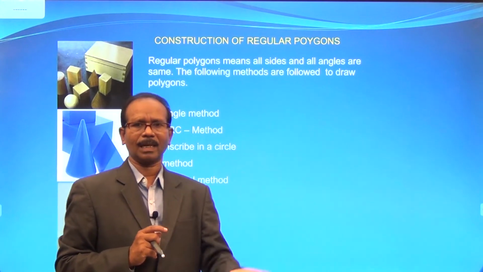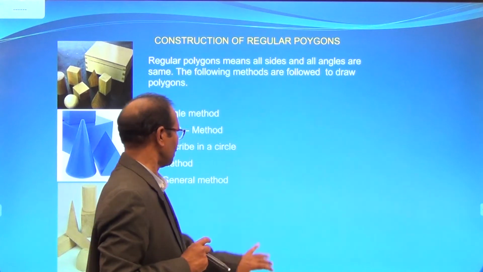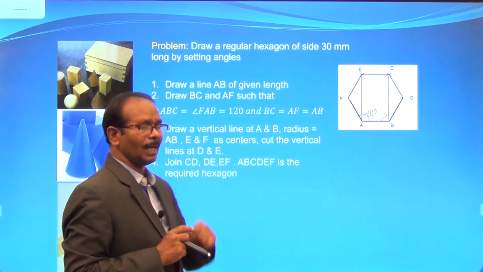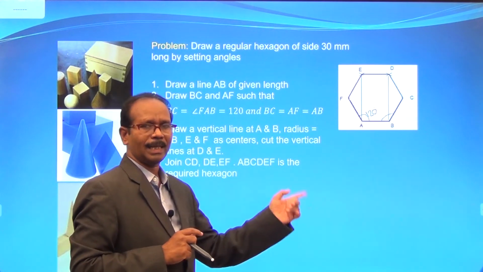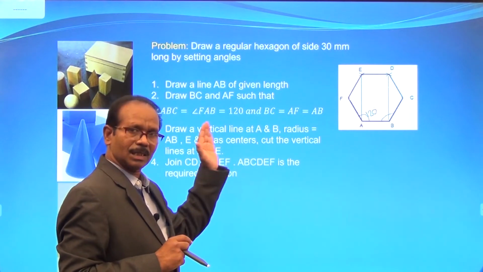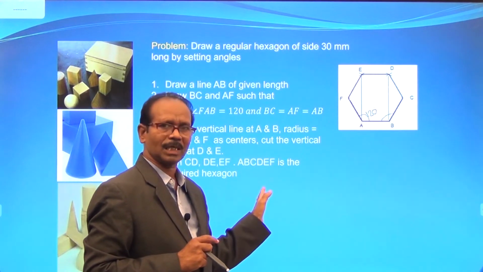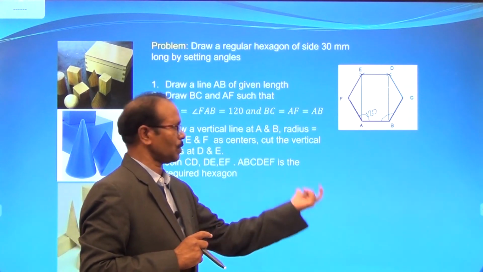Construction of a pentagon or hexagon with the angle method. Let's see. Draw a regular hexagon of side 30 mm by the angle method. Let's observe, the sequence of steps is given. You can follow the steps. After finishing my class, you go through this and you can proceed simply.